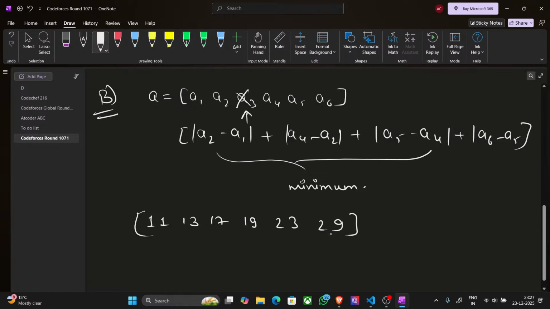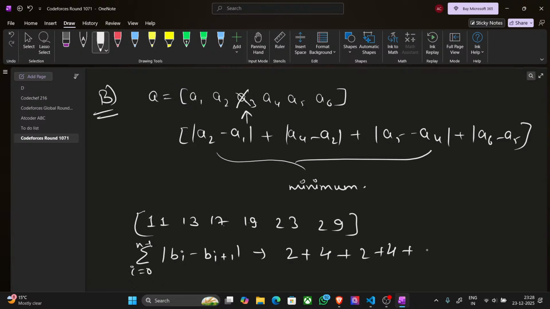So in this, the current total absolute difference summation for i from 0 to n minus 1 of bi minus bi plus 1, we have to find this first, which is 13 minus 11, 2, plus 17 minus 13, 4, plus 19 minus 17, 2, plus 4, plus 6.